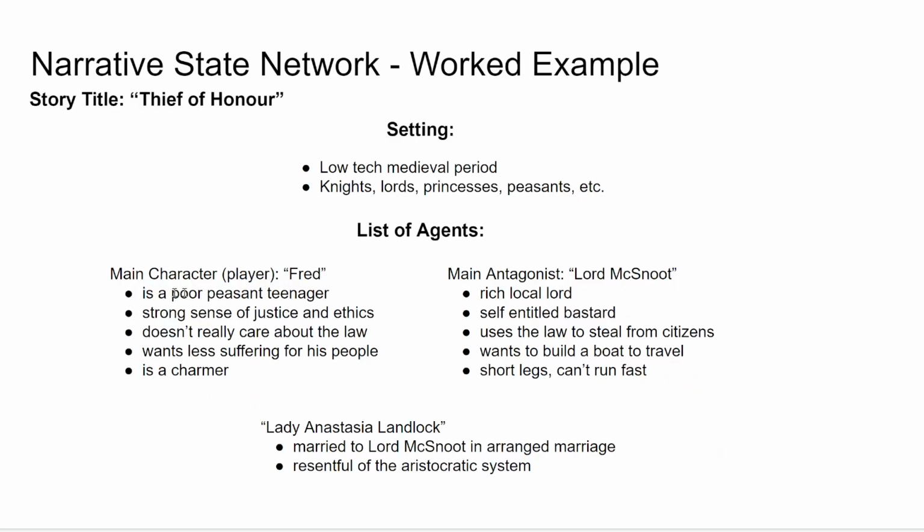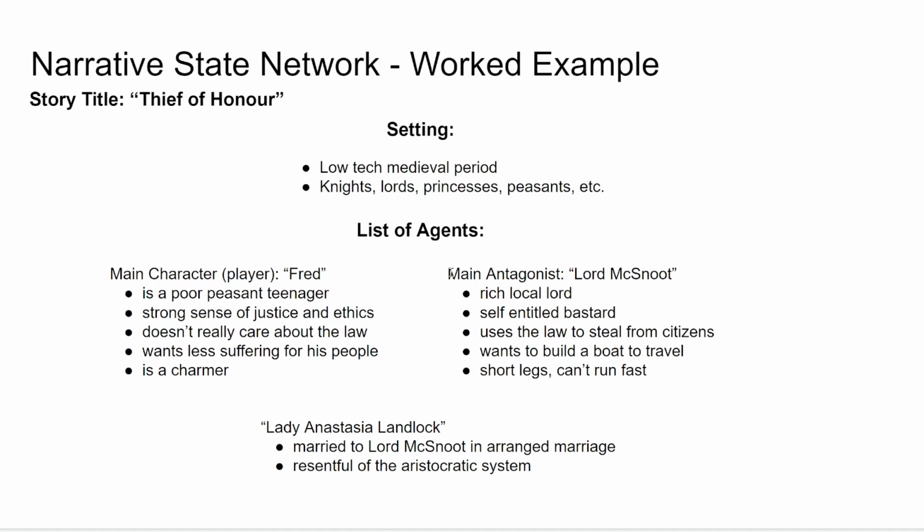I'm just going to say Fred is a poor teenager, he's a peasant, but he's got a strong sense of justice, so he just wants less suffering for people, but in fact he's not too hot on the law. And then he also has this ability of being a charmer. Okay, what's next?